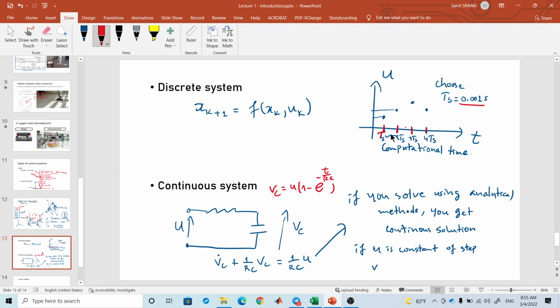So you must be clear at this point. When you want to apply to a real control system like a DC motor or a robot, you can clearly see that the way you program to compute the controller is to use the discrete form.